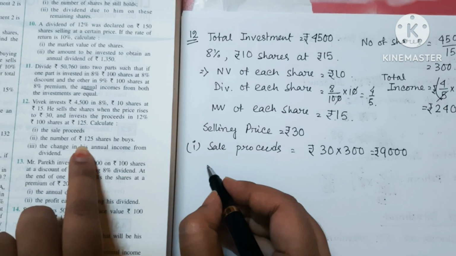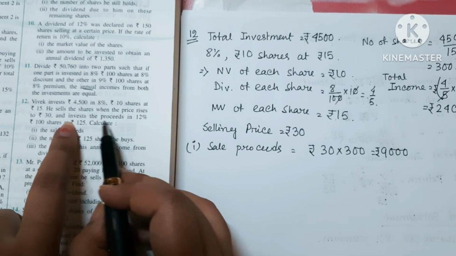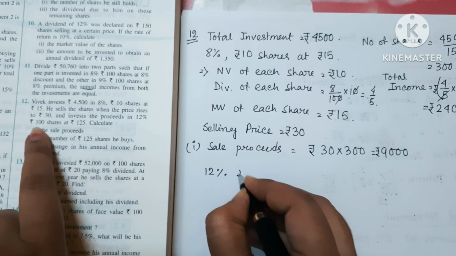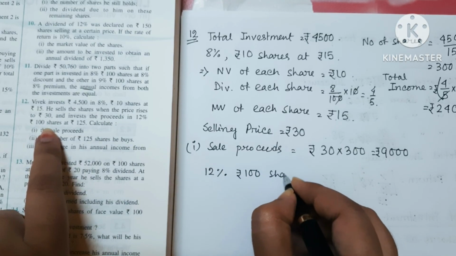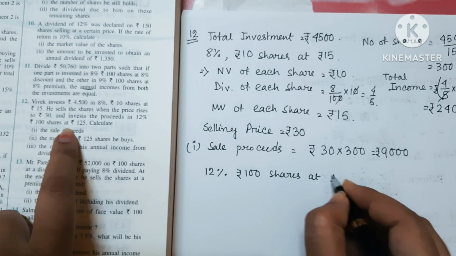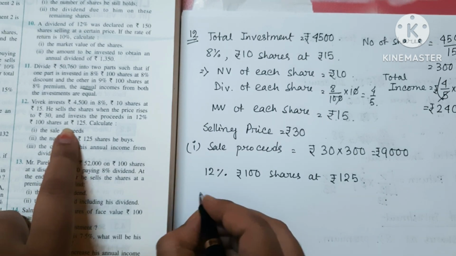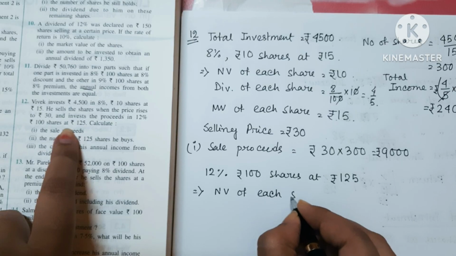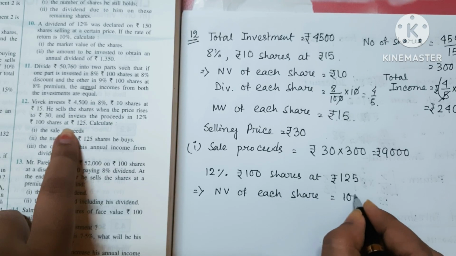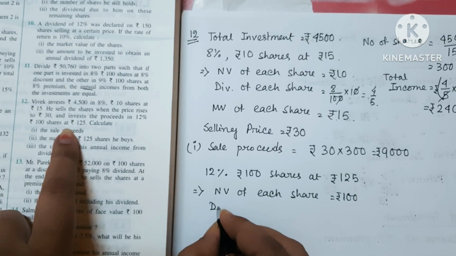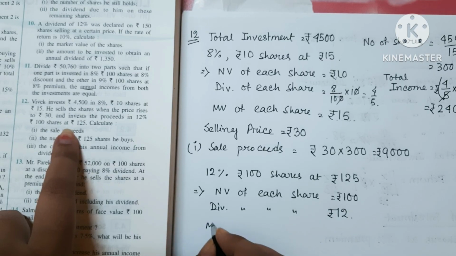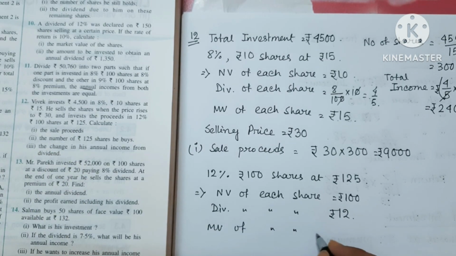Now see the next part of investment. Next part of investment is 12%, rupees 100 shares at rupees 125. That means nominal value of each share is 100 rupees. Dividend of each share is rupees 12 and market value of each share is rupees 125.